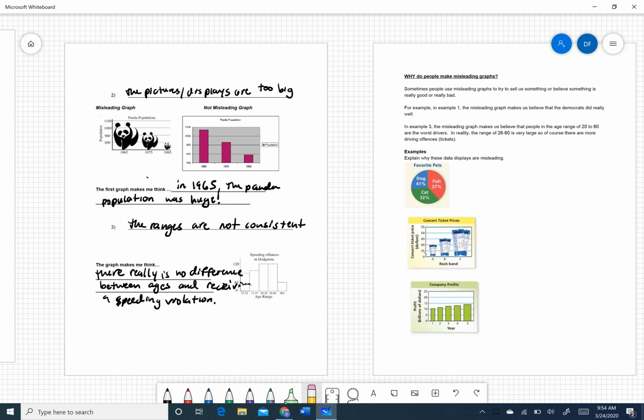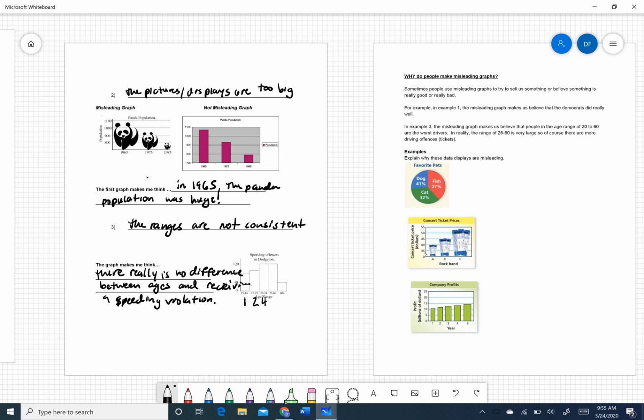So I go 15 to 16 in that first bar, but then I go 17 to 19, right? So if I look at this, this is 1 year. This then becomes 2 years. Then, so 1 year, this becomes 2 years. Then 20 to 24, that's going to be 4 years. And then 26 to 60, and that's a whole mess, right? So these age ranges are really off, right?